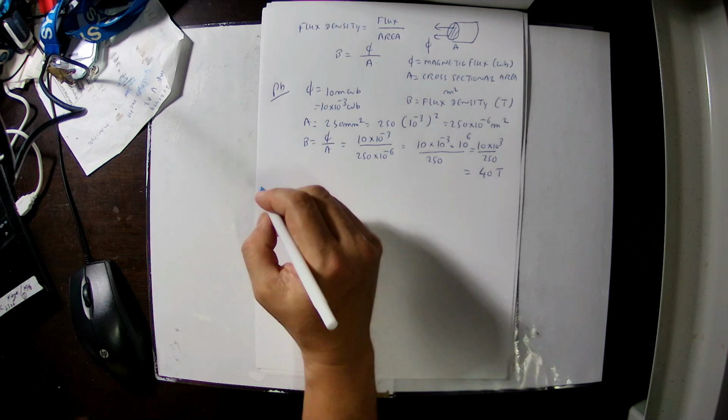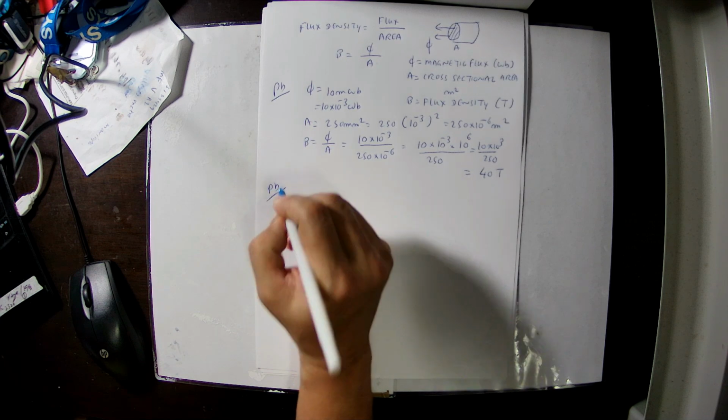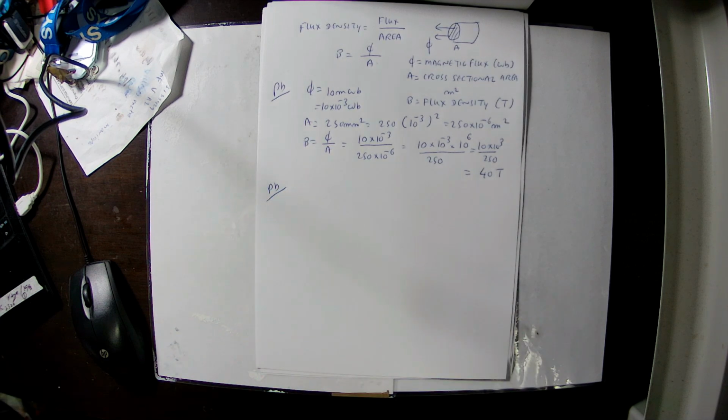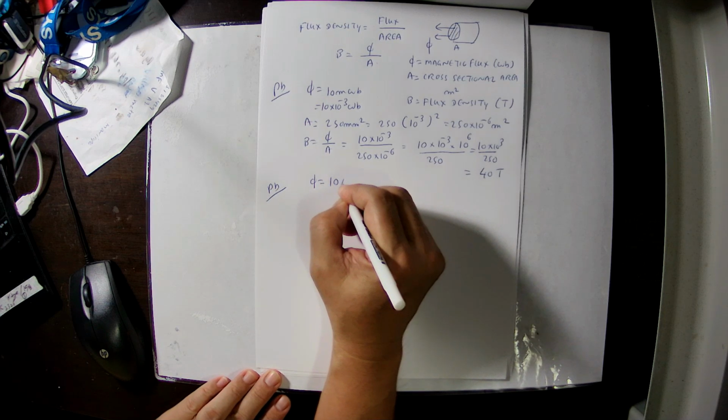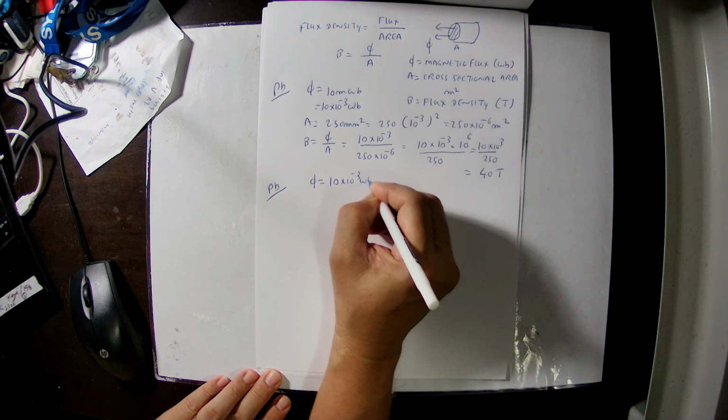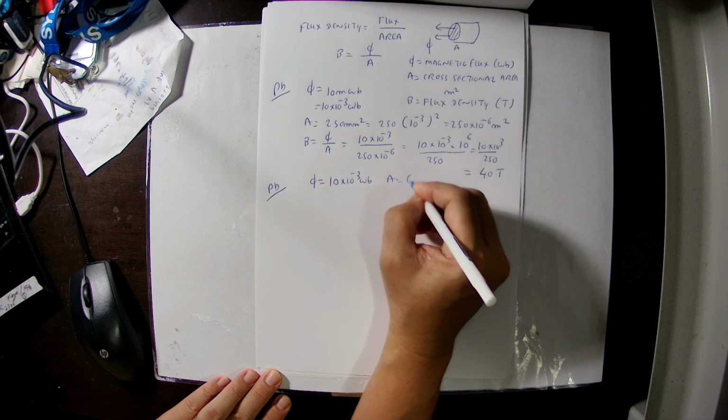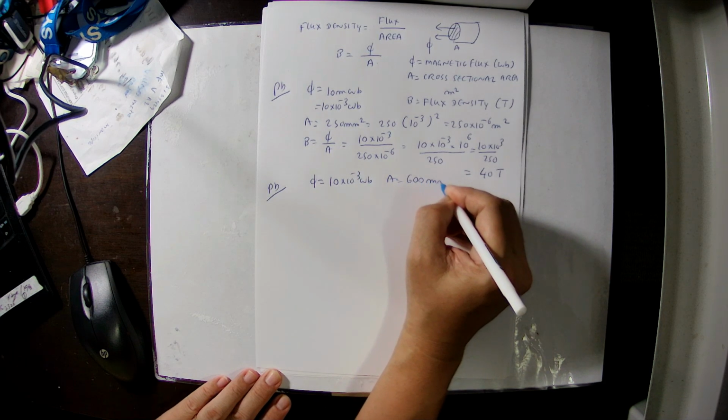And next problem. In this case, we have to calculate the flux density if the area is 600 millimeter square. Now the flux is unchanged, 10 into 10 power minus 3 Weber. Area is now 600 millimeter square.